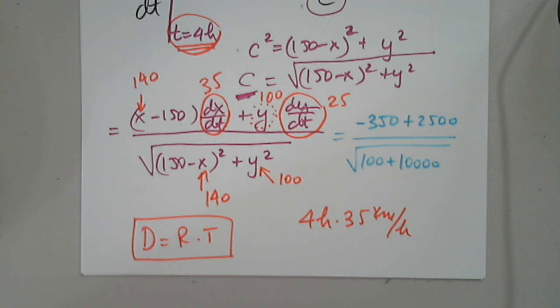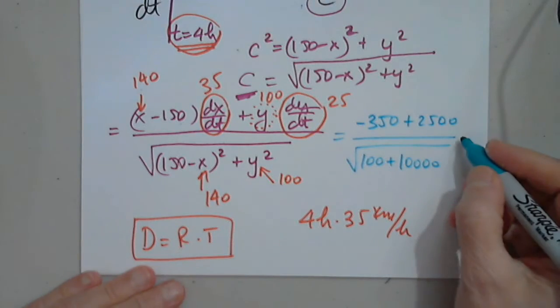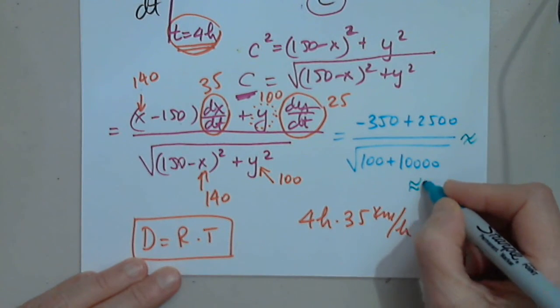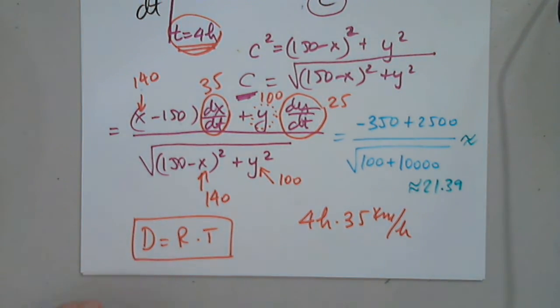And again, parentheses are not needed because it's the square root. So the square root, and now I will use parentheses. 100, again, there is no need to do that, and 10,000. Close the parenthesis and enter. So 21.39, approximately 21.39. Measurement unit.